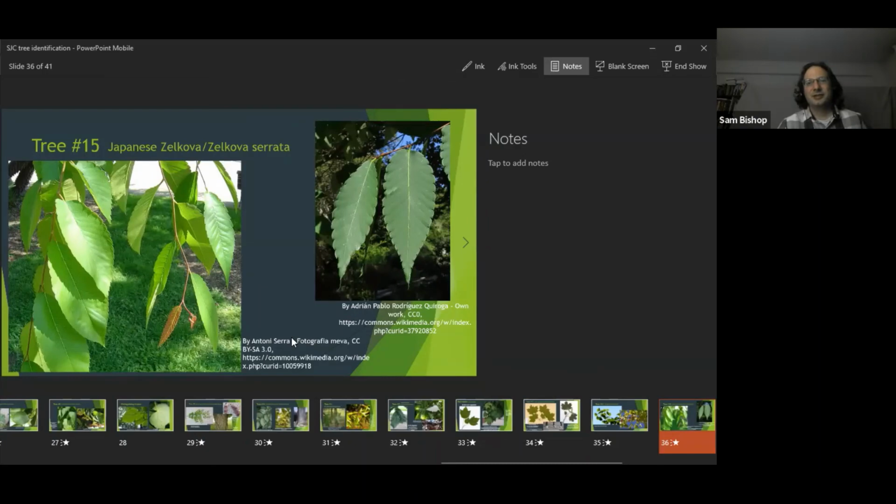This is the Japanese Zelkova, or Zelkova serrata. If you see these out in the field, almost always people are planting the upright versions of these, so the tree will actually look like it's doing the Y in the YMCA, and all the branches will be pointing more or less up at some angle.